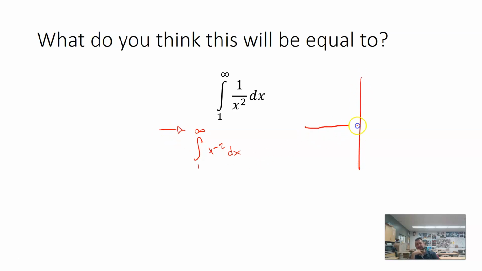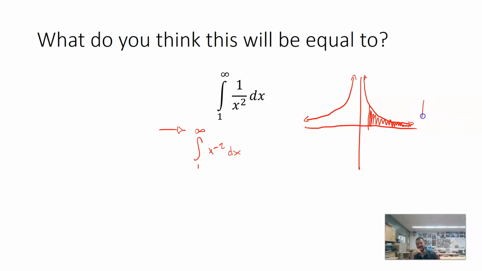Now, the other issue that we have here is if I were to look at this graph, so if I was looking at the integral from 1 to infinity of 1 over x squared, technically, this graph looks like this, and the graph in either direction gets closer and closer and closer to the x-axis. Well, if I was to go from 1 to infinity, initially most people look at this and they're like, okay, well, to me, that looks like there's an infinite amount of area.